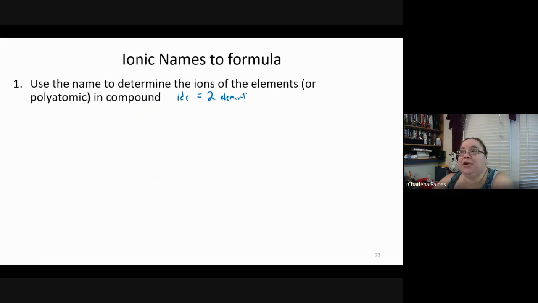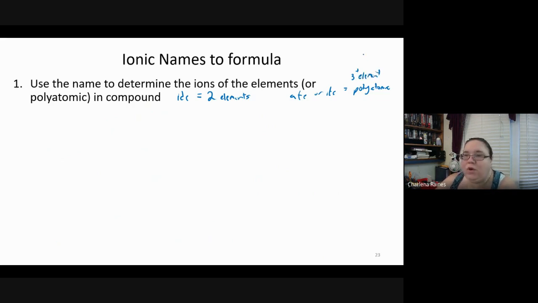Actually, I think there's just 1 polyatomic that has an IDE in it. That's cyanide. If the name ends in a TE, whether it be ATE or ITE, it is a polyatomic, which means 3 or more elements.